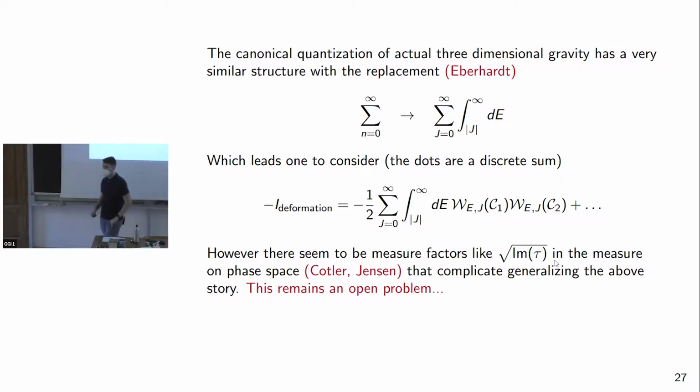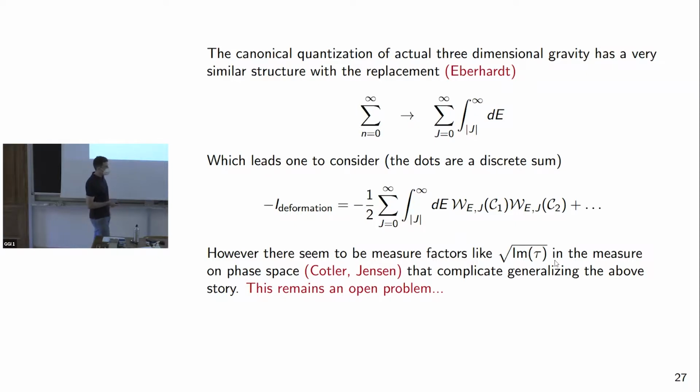The reason that you have one sum and one integral is that you now have two of these tau winding things, and one will be compact and the other will not. So one direction will be quantized and the other will be continuous modes. And this is just, of course, again enforcing the T invariance of the boundary theory.